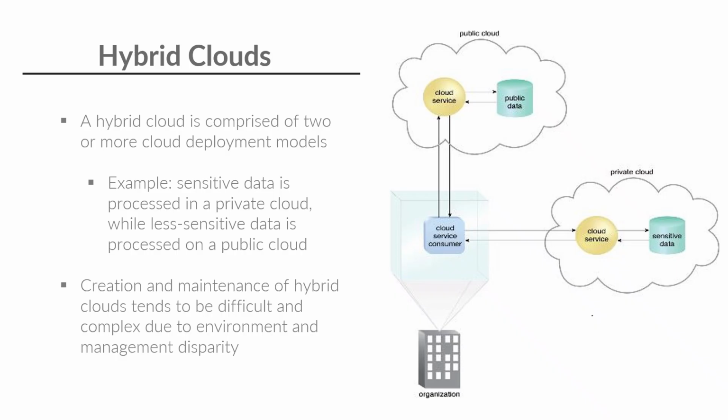The creation and maintenance of hybrid clouds can be difficult and complex due to environment and management disparity. It's not an easy task to configure a hybrid cloud. But in one example here, the organization is using both a private and a public cloud through a cloud service consumer using the cloud service. So public data is processed in the public cloud and sensitive data in the private cloud, for example.